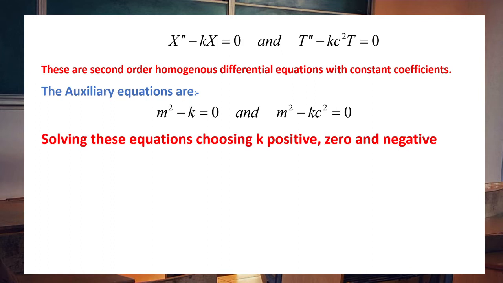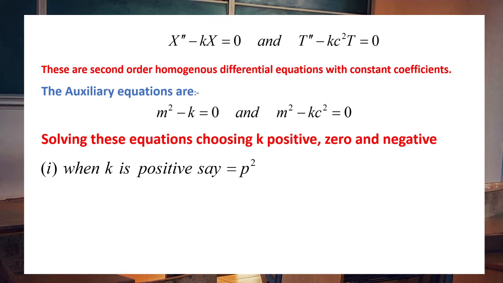Solving these equations, we can choose k as positive, 0 or negative and assume different possible values for k. Case 1: if you take k as a positive number, how can we represent k always positive? Put k equal to p².